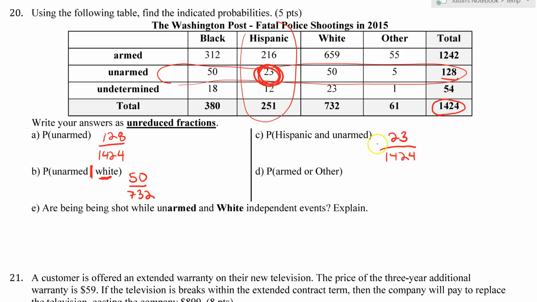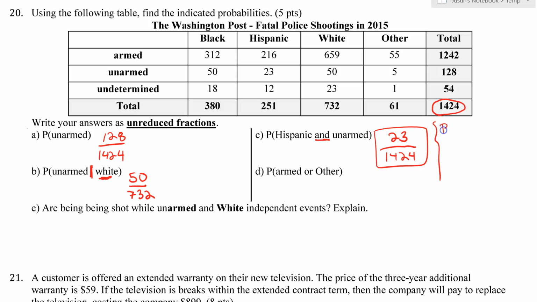Now, if you wanted to, you could have also used the multiplication rule because it is an and probability. But you'll see it really just gives us the same thing. It's just extra work. But let's just do that really quick in case you are wondering why we didn't multiply in this case. If we wanted to, the multiplication rule says that this is equivalent to probability of the first thing times the probability of the second thing given the first thing. So it makes it more complicated, but let's see what happens here. I can do what's the probability of Hispanic, and this would be 251 out of everyone.